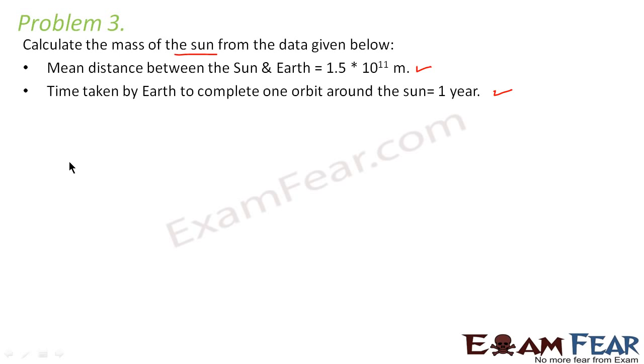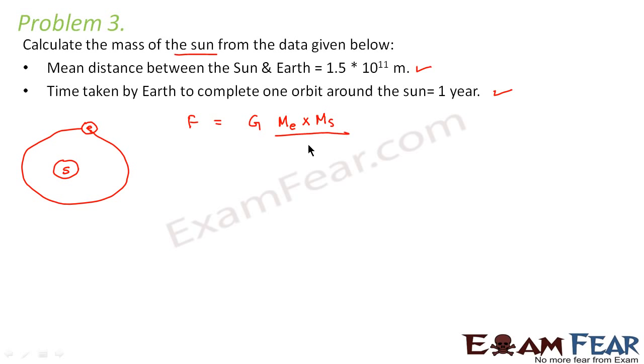Right, so let us suppose this is the sun, this is the earth. So the earth rotates around the sun, somewhat like this. What would be the force of gravitation between the sun and the earth? The force would be equal to G into mass of the earth into mass of the sun divided by the distance between the sun and the earth, that is r square.